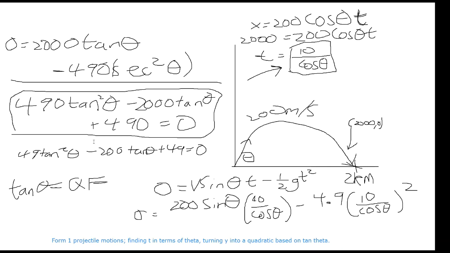Okay, now let's find the. Wait, George, why is there a 40 over cos theta? Or is that, oh wait, just kidding, it's a 10. Yikes.